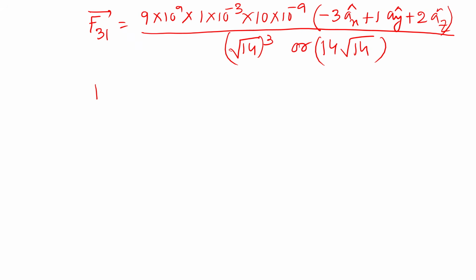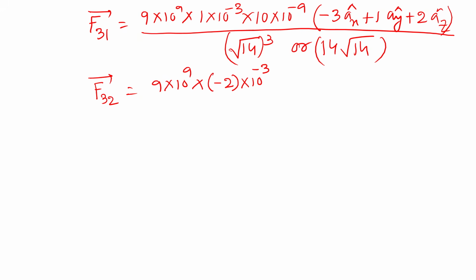Similarly, F32 will be 9 into 10 to the power 9 multiplied by the second charge, which was minus 2 microcoulomb, so I'll write it as minus 2 into 10 to the power minus 6.